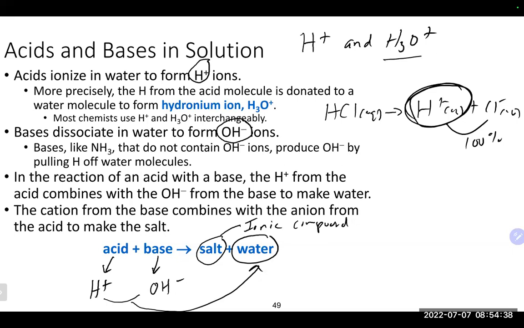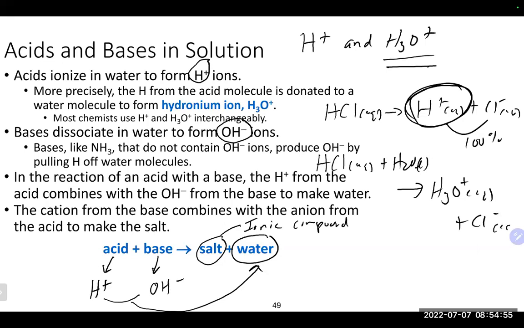How do you get H3O+? You could write this same reaction where the HCl reacts with water. When you do that, you get H3O+ and Cl-, and then H+ and H3O+ are equivalent to each other. In this case, HCl sends an H+ over to water, and that makes H3O+.